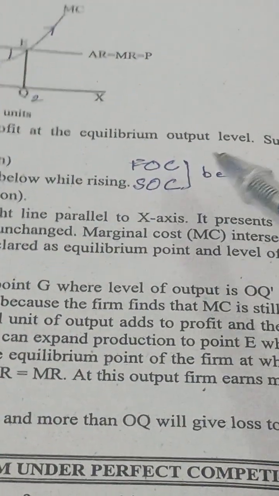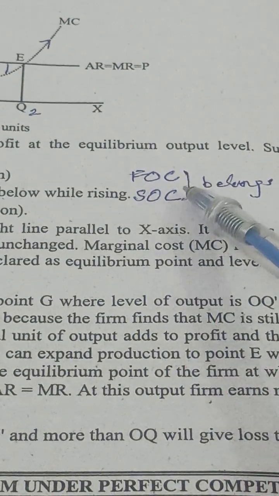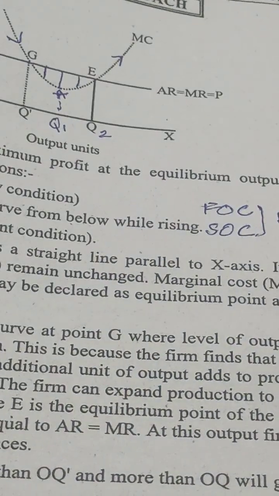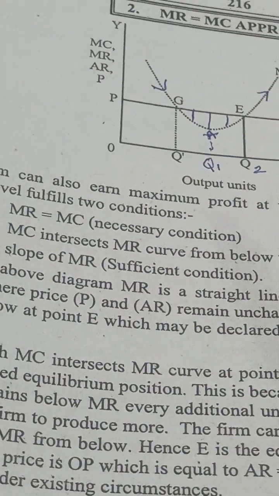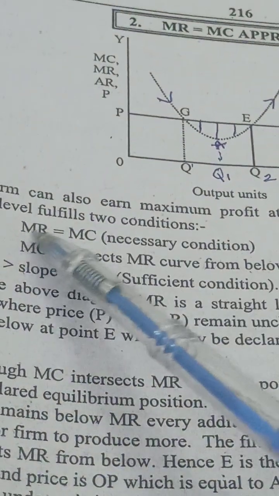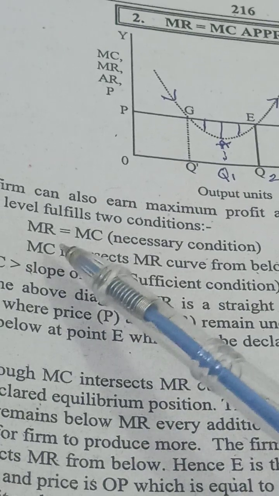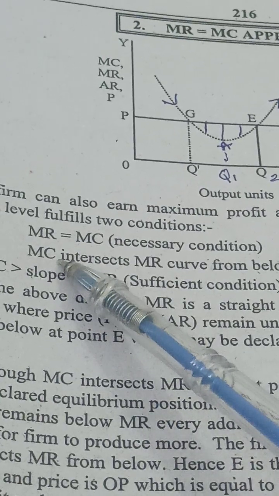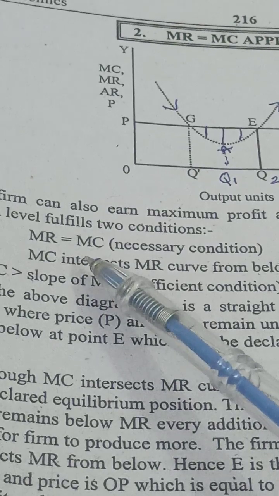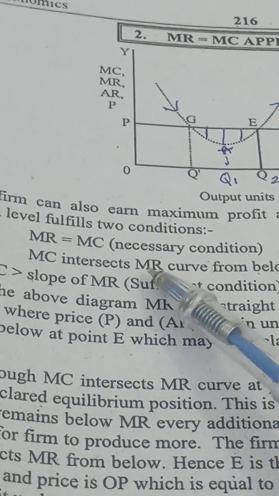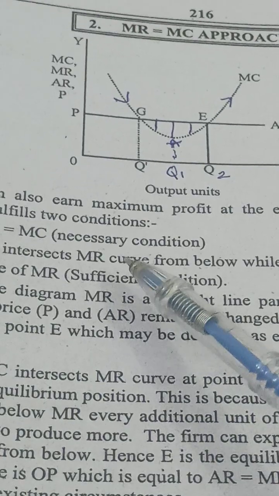So there are two conditions: first order condition and second order condition. The first order condition is the so-called necessary condition, where marginal revenue equals marginal cost. The second order condition is that marginal cost must be rising when it intersects the marginal revenue curve.